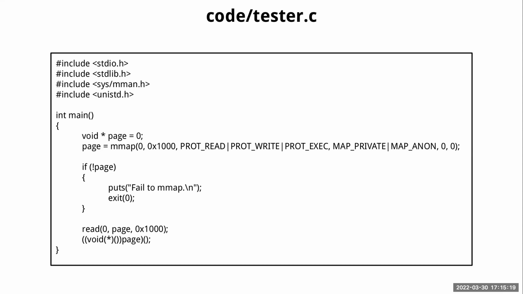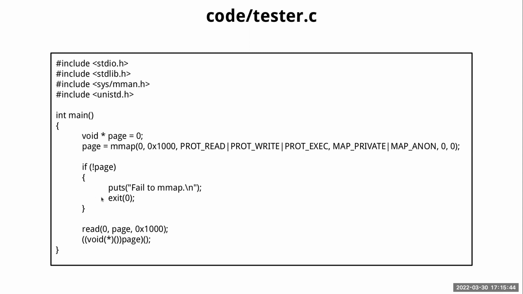This is the source code of the tester. Just the main function, and we memory map one page here, 4 KB. So your shellcode can only be as big as 4 KB, and that page we say it's readable, it's writable, and it's executable.